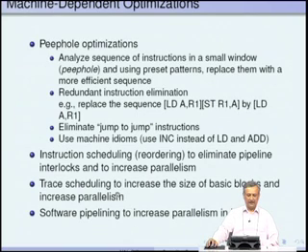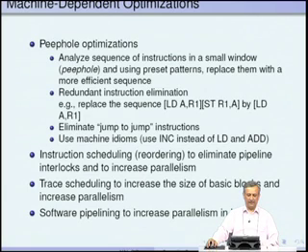Then we also have machine dependent optimizations. We saw machine independent optimizations a few minutes ago, and now we see some of the machine dependent optimizations. For example, there are what are known as peephole optimizations.